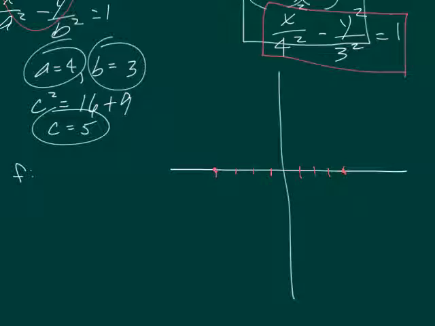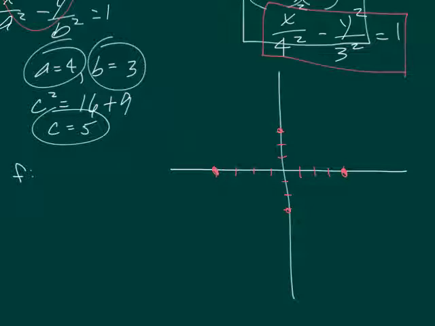I also know that my B, which is my conjugate axis, is 3. So my conjugate axis goes the opposite direction. 1, 2, 3. 1, 2, 3. Okay. So given that bit of information, I've got my two vertices, and I also have my B, which is my conjugate axis, and we'll talk about what we're going to do with that in just a minute.